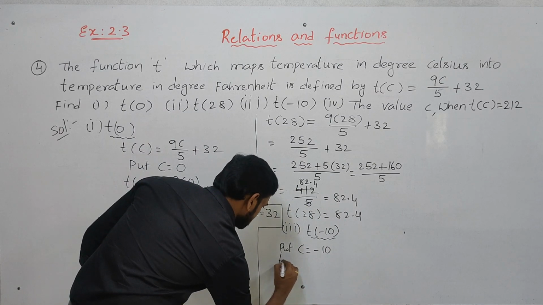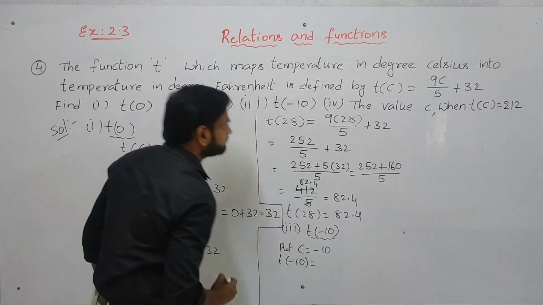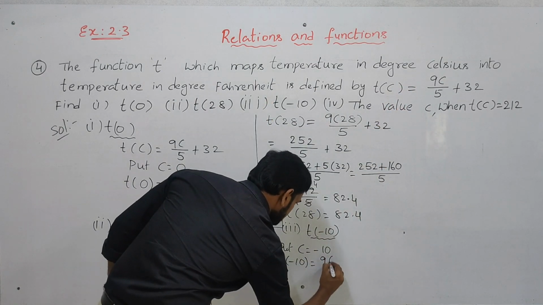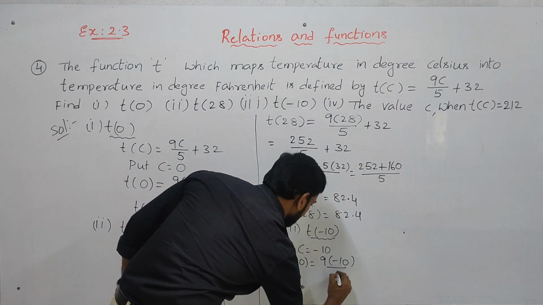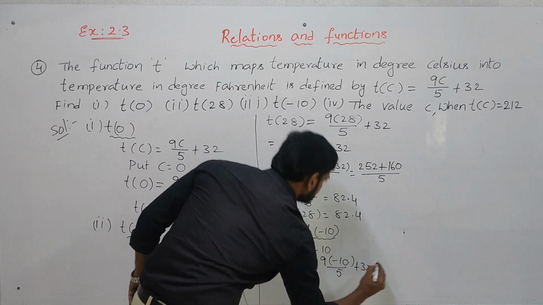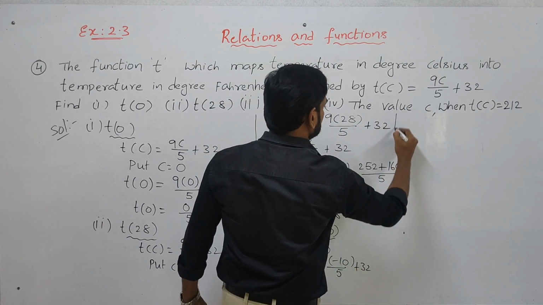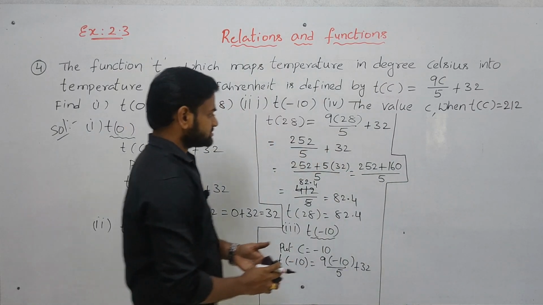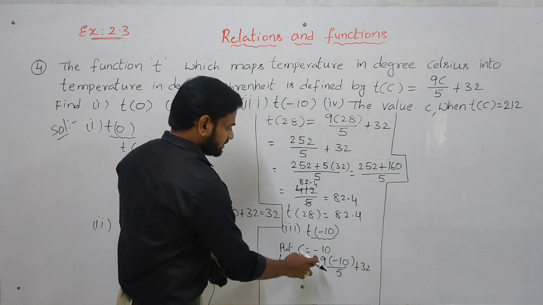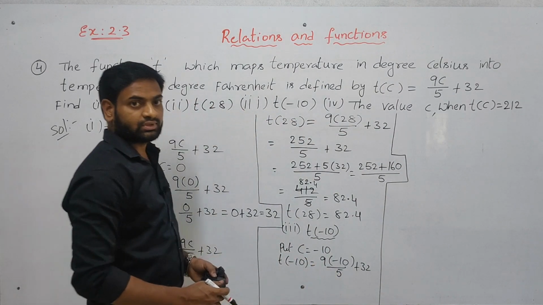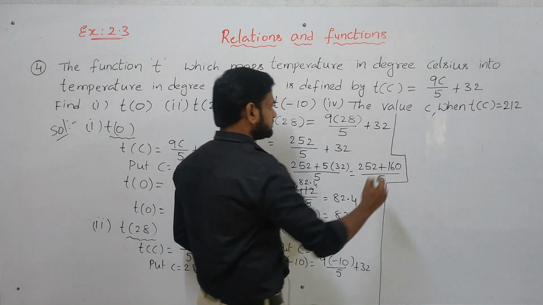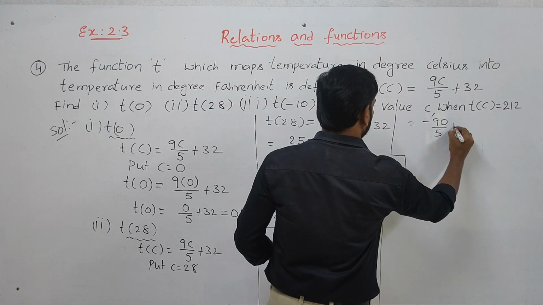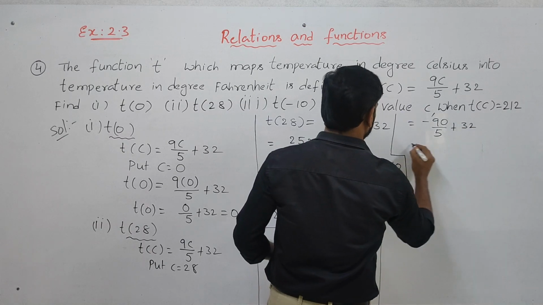Now here, t of minus 10 is equal to 9c by 5 plus 32, where c is minus 10. So you can take LCM here. That is 9 into minus 10, minus 90, by 5 plus 32.